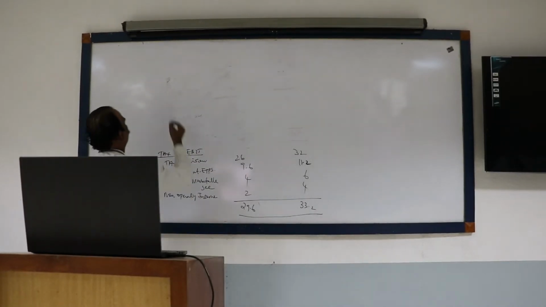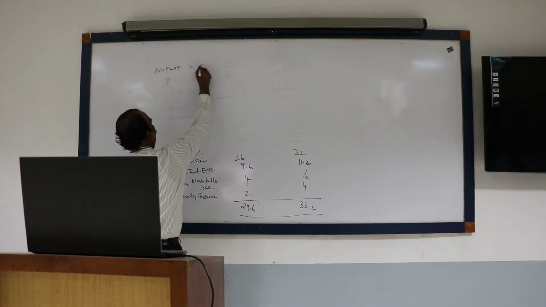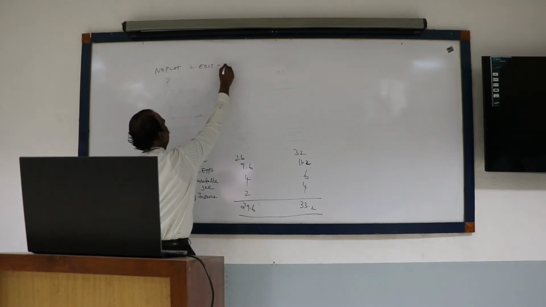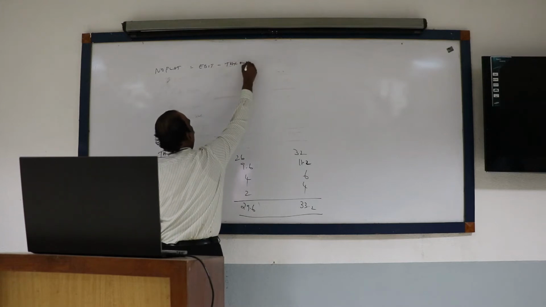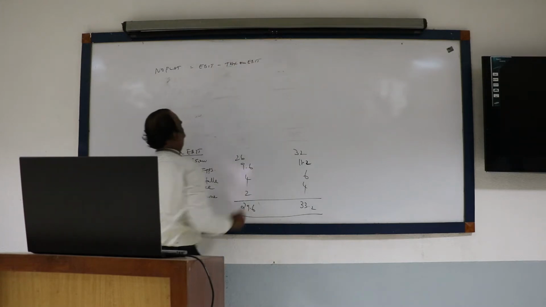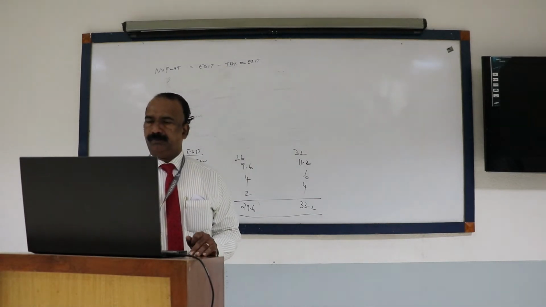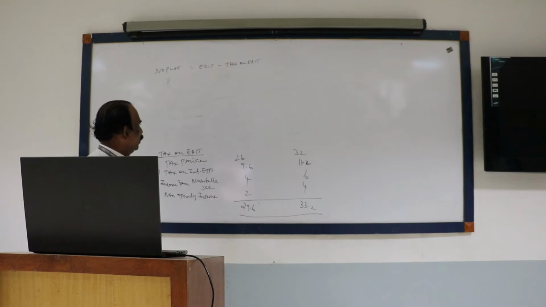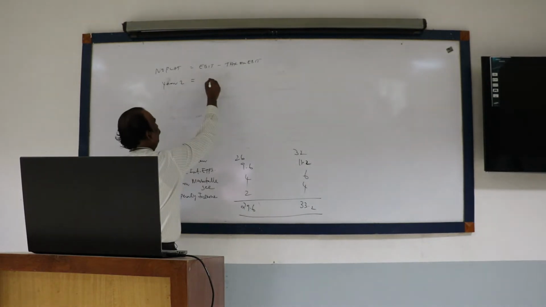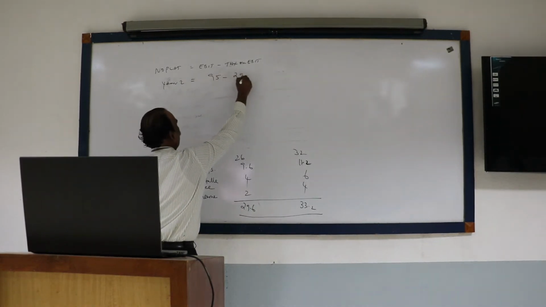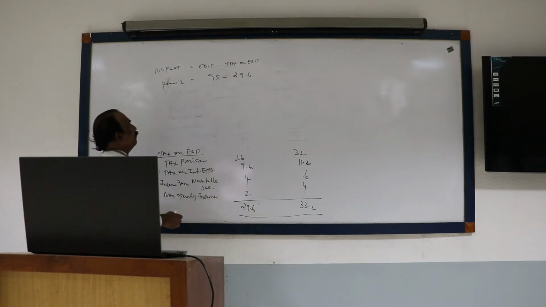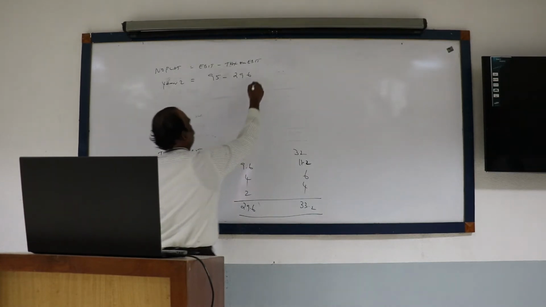Year 2 is 95 minus 29.6. How much comes? 65.4.